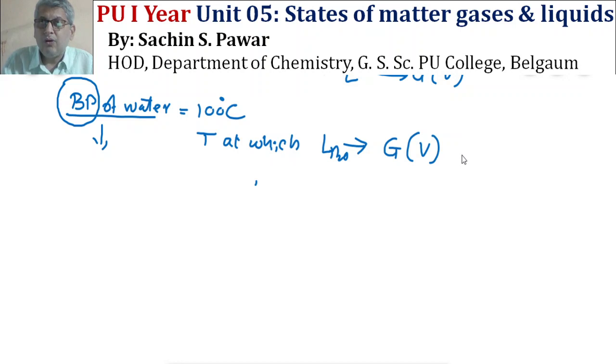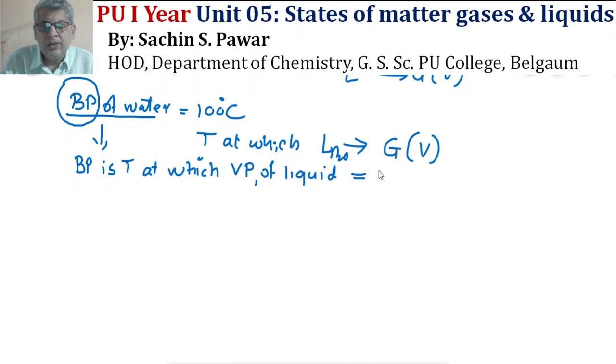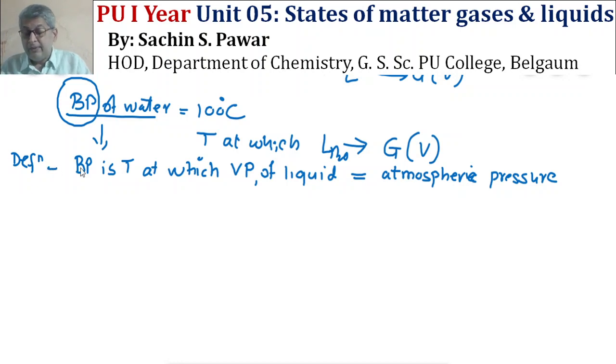So the actual definition is: the boiling point is the temperature at which the vapor pressure of the liquid becomes equal to the pressure of the atmosphere, that is, the pressure of the surroundings, the atmospheric pressure. This is the definition of the boiling point.